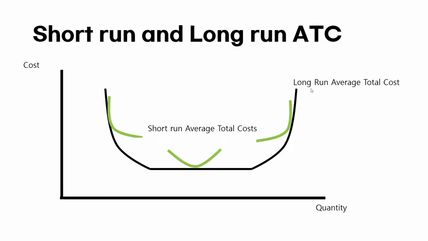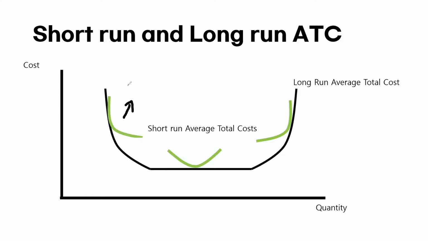And you can see an interesting graph that looks like this here with some short run average total costs. Basically, what you have to think about is the left graphic here. The left short run ATC is talking about the situation when the plant capacity or number of workers isn't that much. You don't have a big firm, and you have a small number of workers working for you.